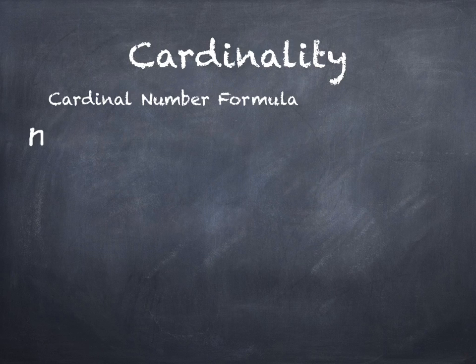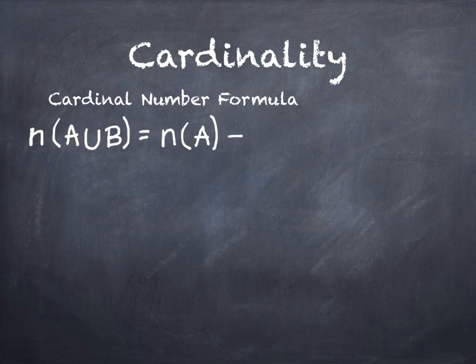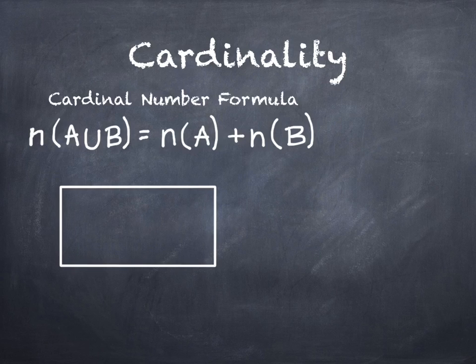The number of items in the union of two sets is equal to the number of items in one set plus the number of items in the second set. And the problem that would occur if this is all we looked at from a Venn diagram perspective, take a look here.